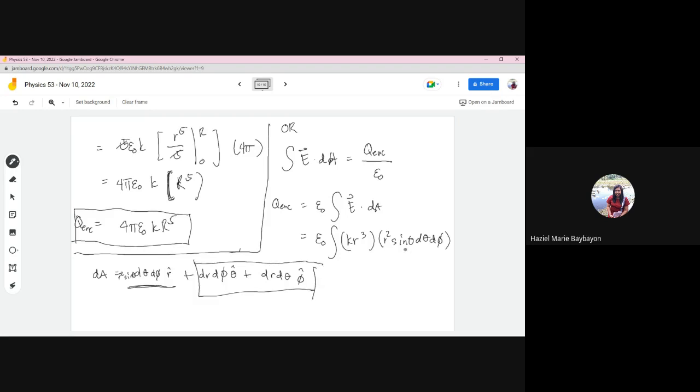So this one, r squared sine theta d phi, integrating with respect to r from 0 to R, theta from 0 to pi, and d phi from 0 to 2 pi. So we will get the same. You have epsilon naught integral of r to the 5th, the same as what we got, class. dr. Oh, there is no dr. Wait.